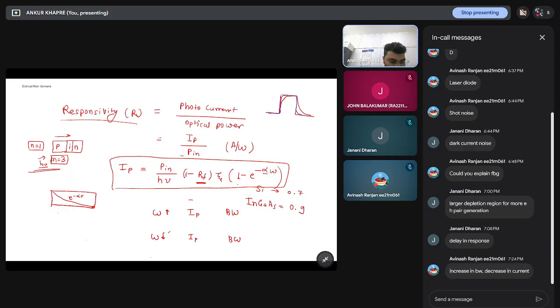Increasing bandwidth, decreasing current. I didn't understand. Increasing with width or decreasing with width? Avinash, if the width is increasing, you are saying that bandwidth will increase and current will decrease, or is it vice versa? There are two conditions, no?